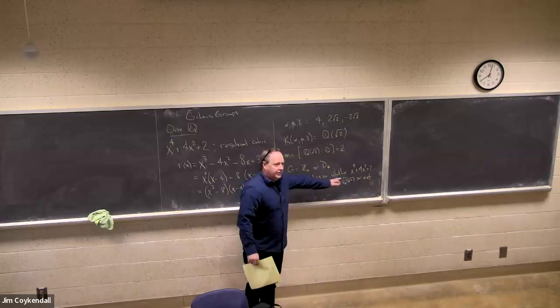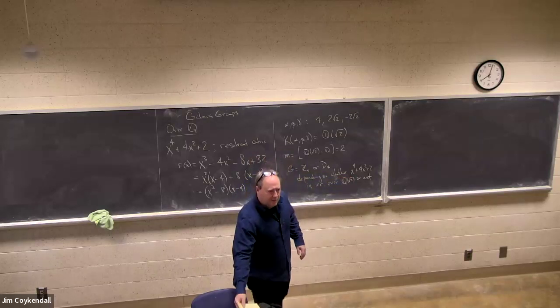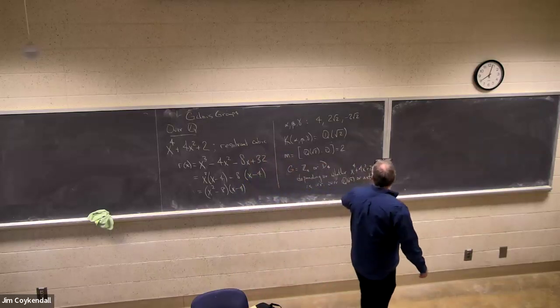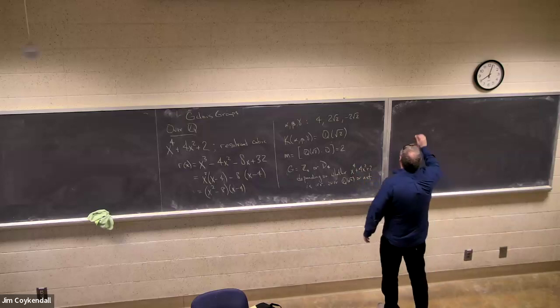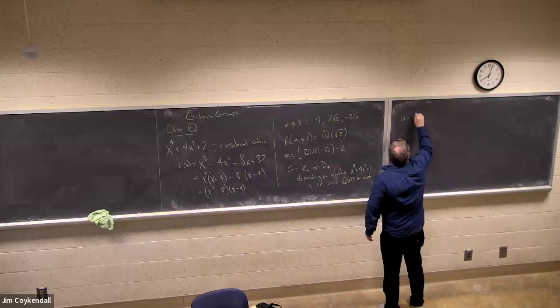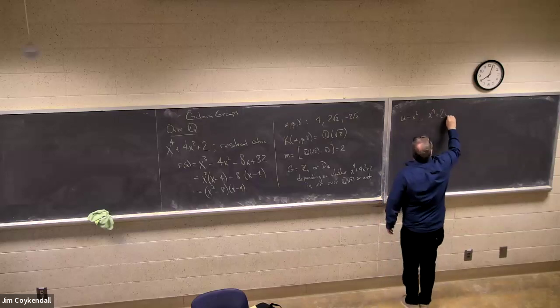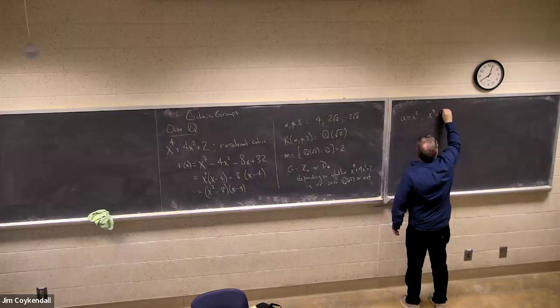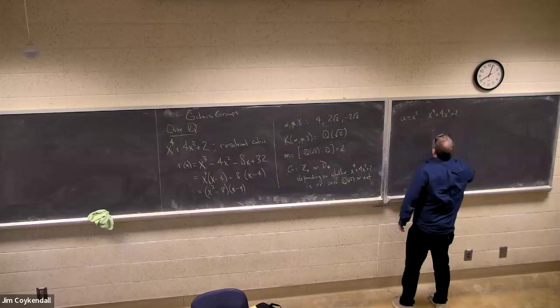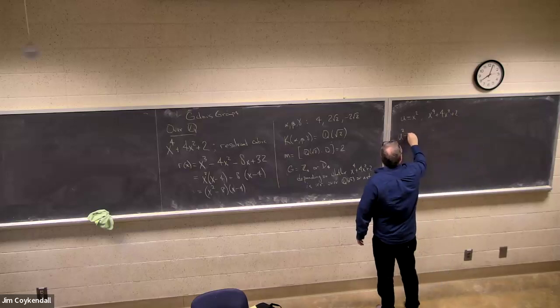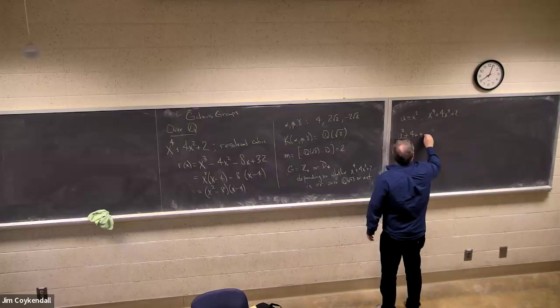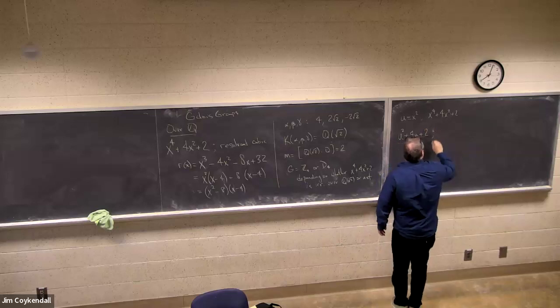So we've got to test irreducibility. And this is actually fairly easy to do, because by letting u equal x squared, x to the fourth plus 4x squared plus 2 becomes u squared plus 4u plus 2.